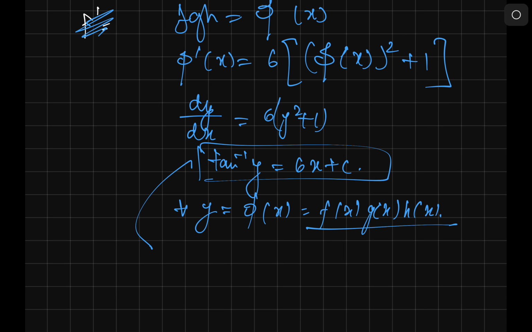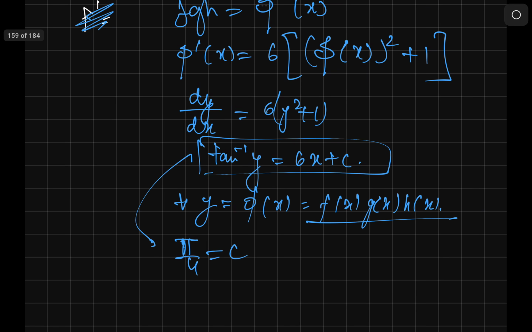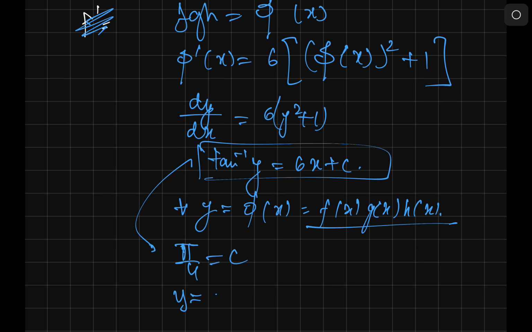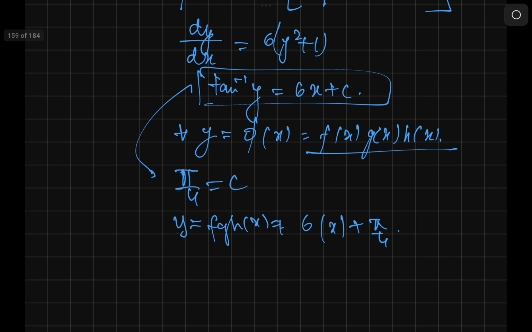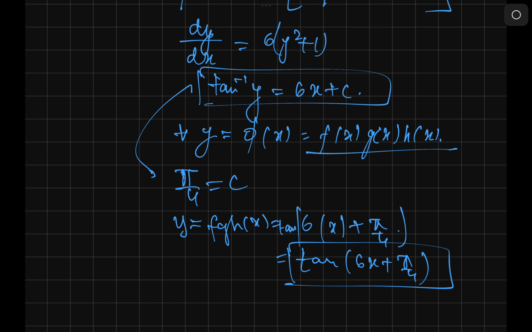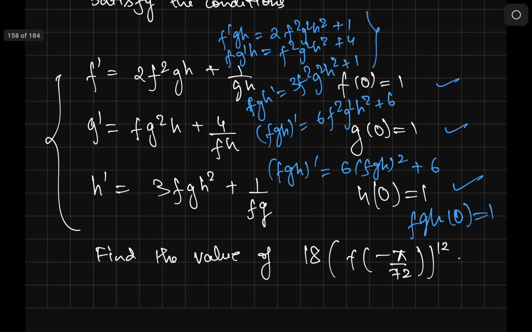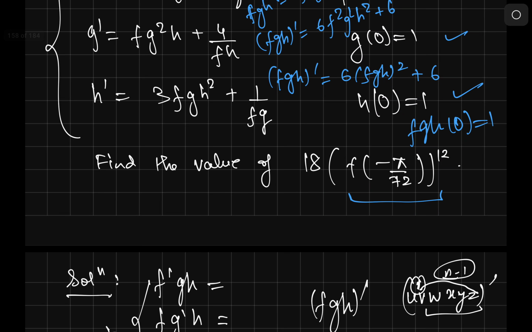So putting this here, I get that pi by 4 is equal to c, and therefore y, or fgh of x, is tan of 6x plus pi by 4. Right? Okay, now I want to find this thing.